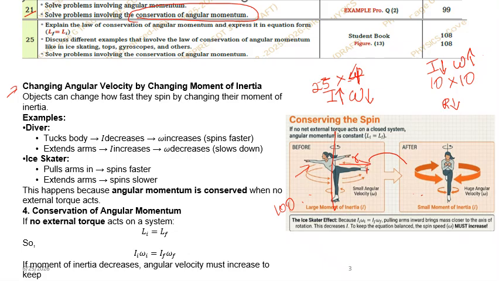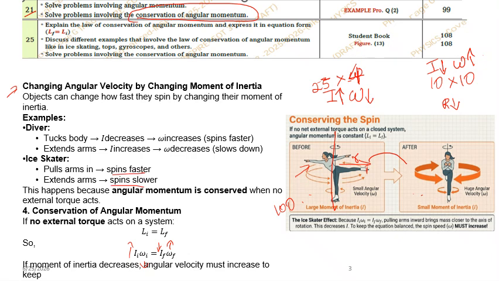I am repeating, conservation of angular momentum is easy actually. Before and after, angular momentum must be the same. So if one increases, another must decrease. If one decreases, another must increase. That is the idea. Pull arms in, spin faster; extend arms, spin slower.